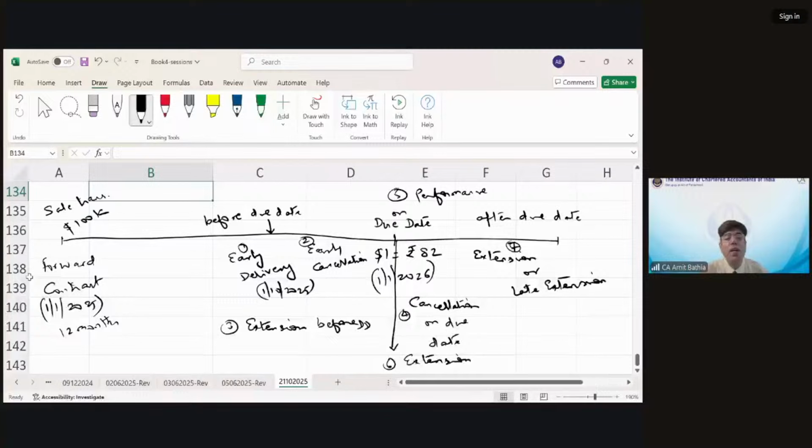So what happens when there is early delivery? Say, for example, early delivery is happening on 1st of October. It cannot be cancelled just like that, right? So what in terms of actual aspect happens is the bank is going to come up with a new contract for you. And what is that new contract going to be about?